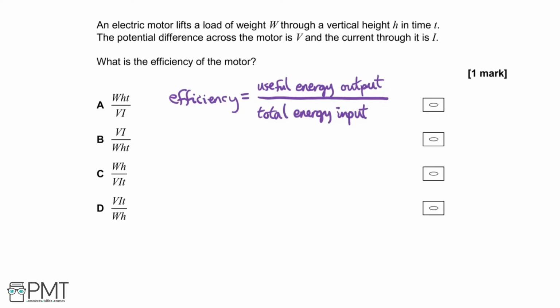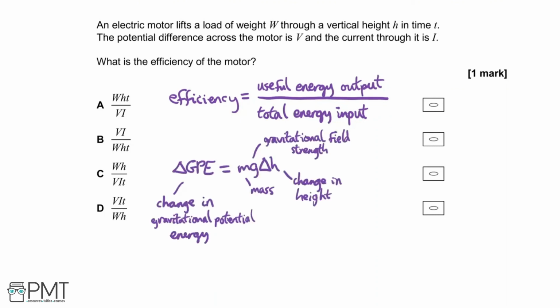Now for useful energy output, it said that the electric motor is lifting a load of weight W through a vertical height h in time t. So the useful energy output is actually the movement of the motor. Now, if it's lifting an object, it's increasing that object's gravitational potential energy. So let's write down that first of all.